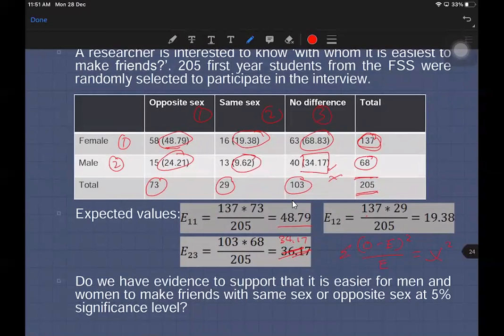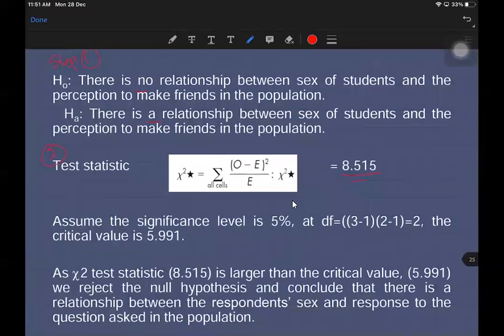So 3 minus 1 is 2, 2 minus 1 is 1, so 2 times 1 is 2. So degree of freedom is 2. So the critical value is 5.991.